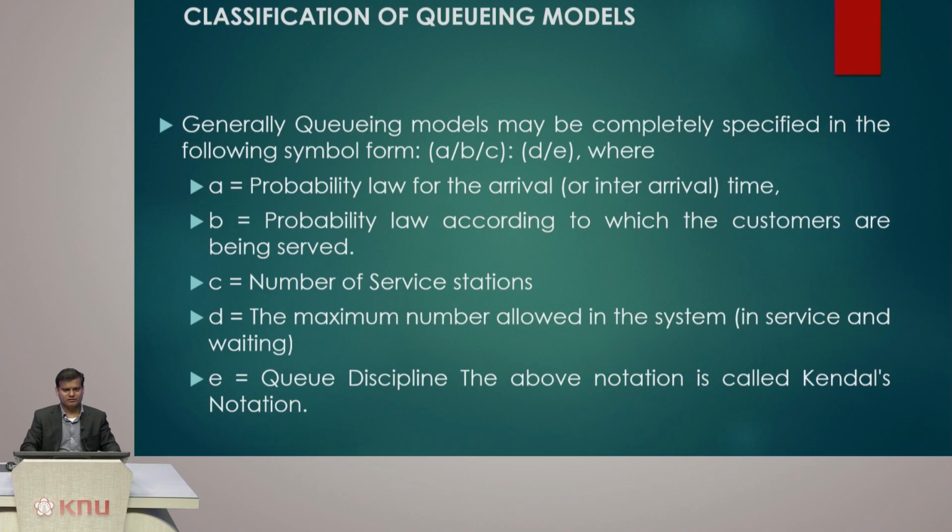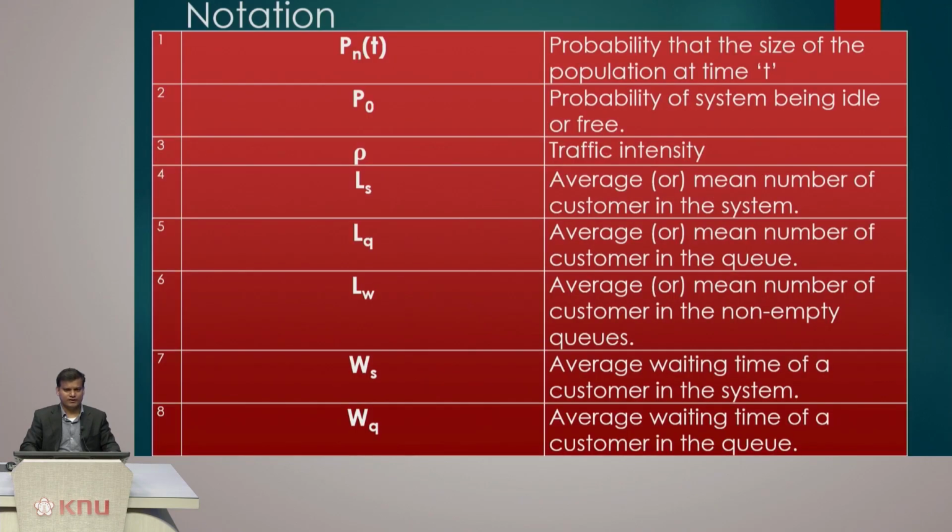So, we will examine a model today. Here are the basic notations. P sub n is the probability that the size of the population at time t is n, and P sub 0 is the probability of the system being idle or free. Rho is the traffic intensity. L sub s is the average number of customers in the system.